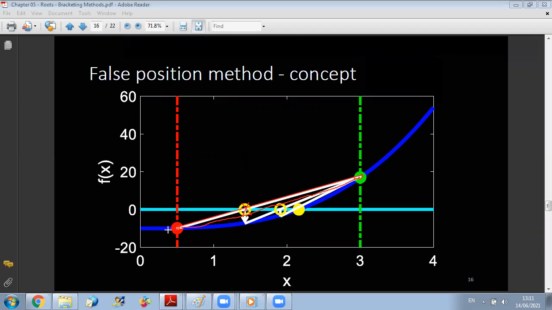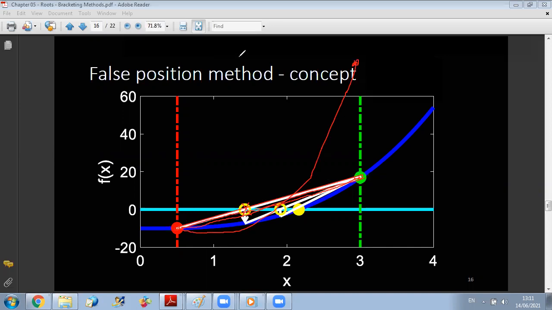The closer my function is to the linear behavior, not deviating a lot from it, the faster the false position method will converge. While if I have a highly nonlinear function, like this example, it depends on the exponent also. If you work with x to the power 10, it will be highly nonlinear. For such a function, the false position method will not perform well because the straight line behavior is very far from the behavior of the curve.